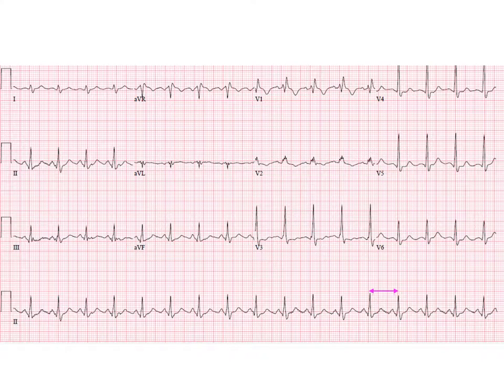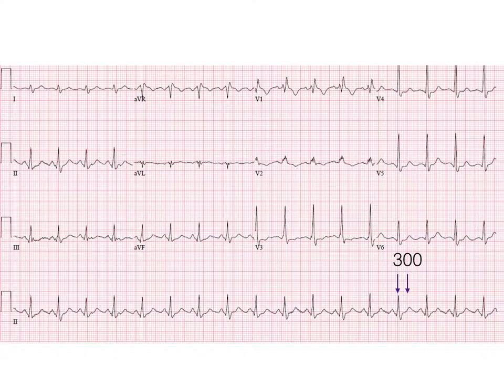So for example, here we have an EKG, and we want to figure out what's the heart rate. We will get an RR that is very close to the beginning of a big square, or 5 millimeters.